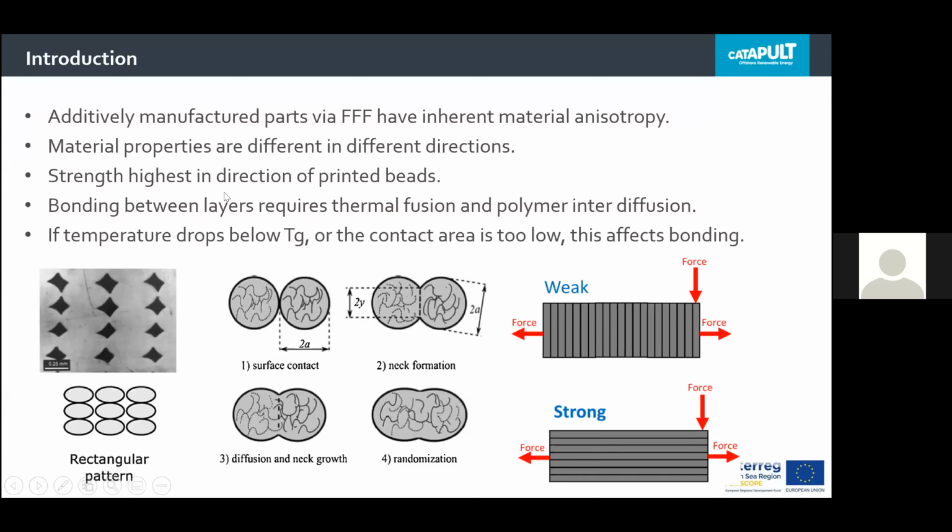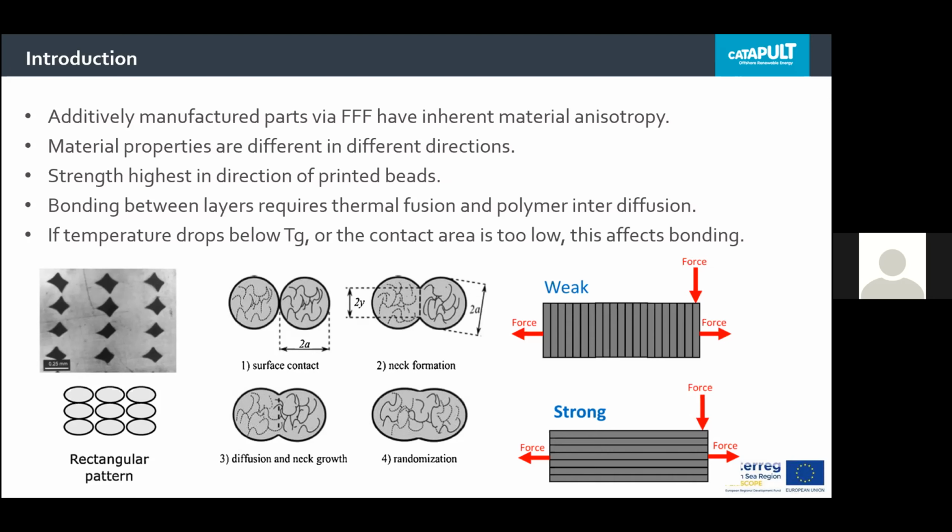So I think this is a really simplified view of the situation, but ultimately, say for example, you're producing beads in the same direction. The interlayer bead or the interbead interaction forms inherent material anisotropy.